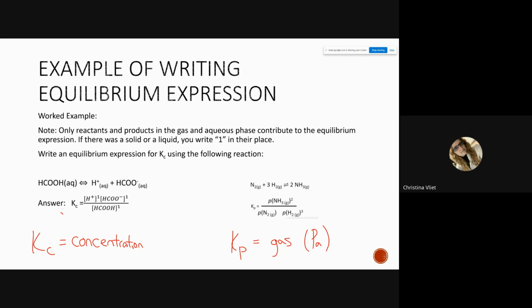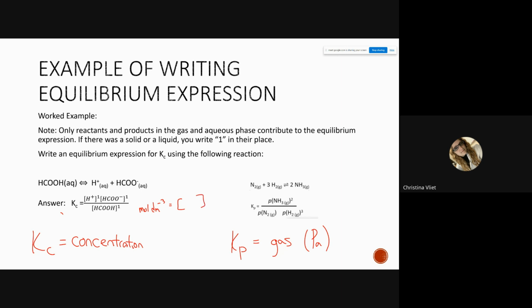And so there are two formats to write your answer. If you've got Kc, I believe I have communicated to you in the past, whenever we use molarity, you should write it in brackets. And if I haven't, I'm telling you now. Molarity is in brackets.